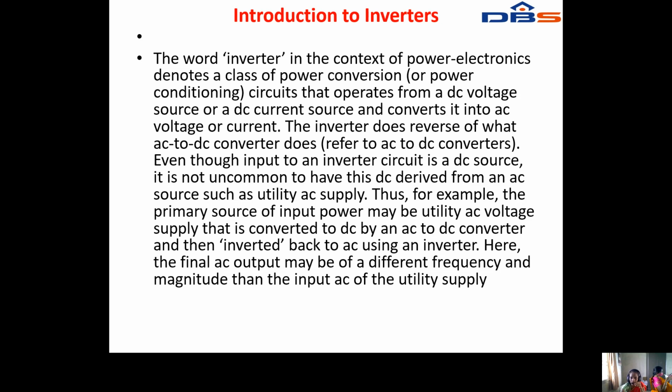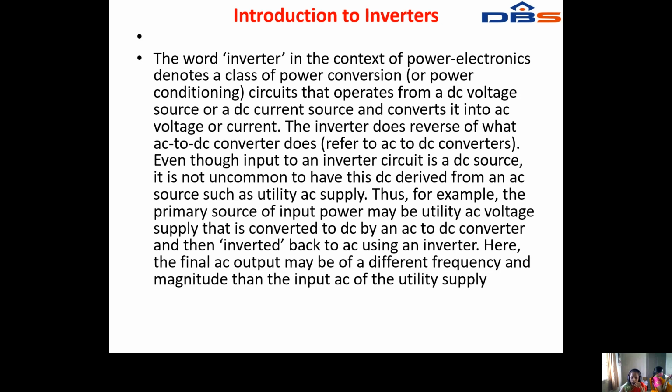The inverter does not reverse the AC to DC converter, which refers to an AC to DC converter. Even though the input to the inverter circuit is a DC source, it is not uncommon to have this DC derived from an AC source. So it converts from DC to AC, not from AC to DC. Okay, so inverter means it converts DC to AC.